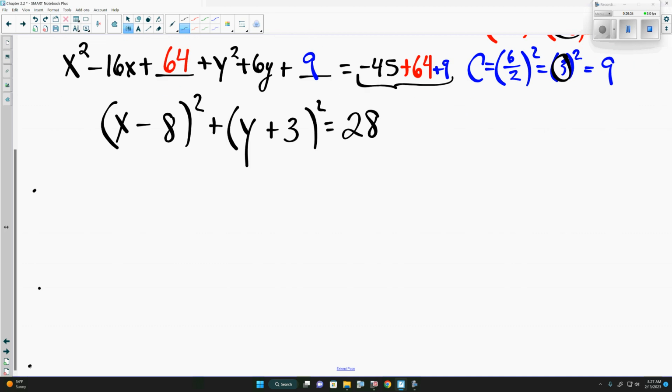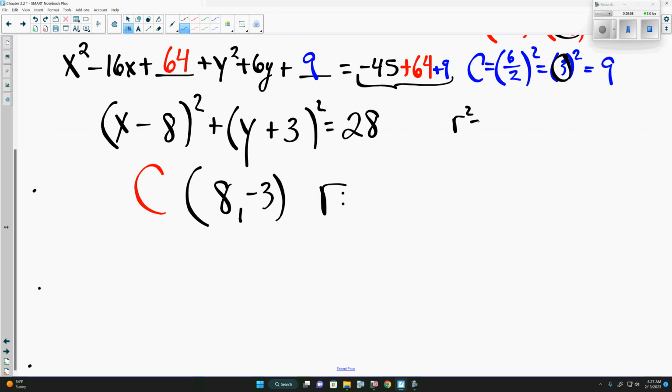Now the center is going to be the point what? 8 comma -3. Because x minus h, so instead of x minus 8, we're talking about h being 8, and y plus 3 comes out as -3. Radius.